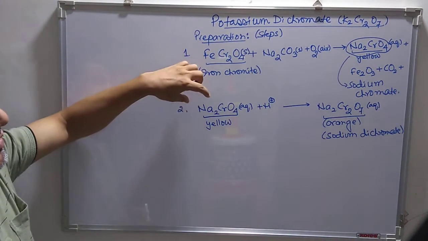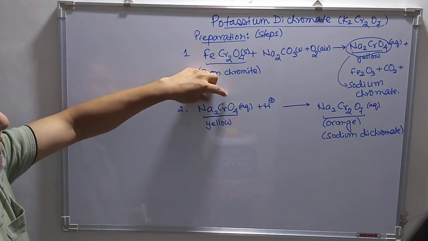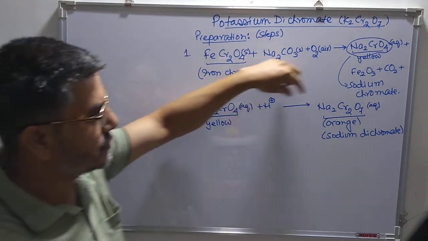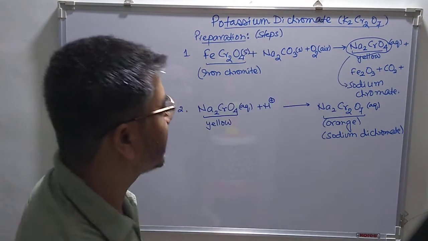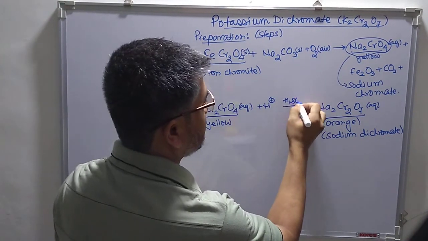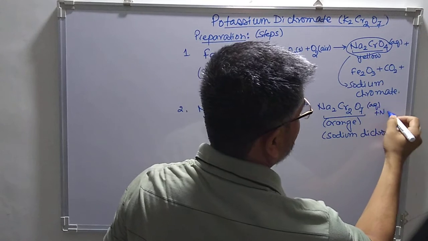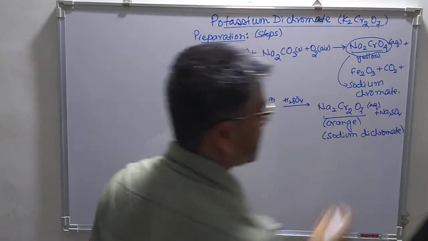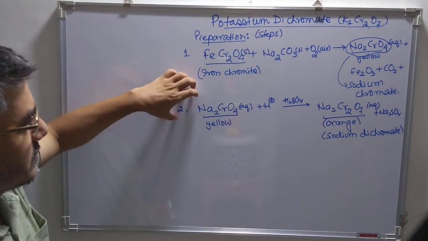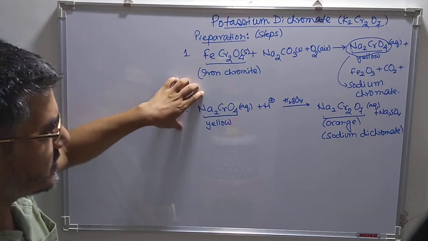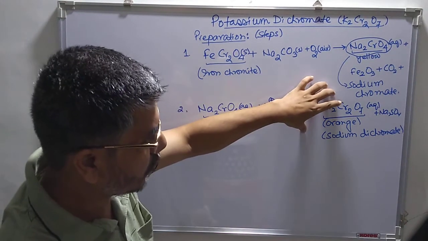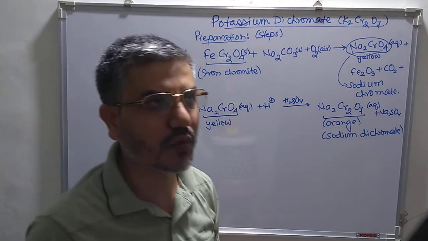So acidification of yellow color solution containing sodium chromate with sulfuric acid gives you sodium dichromate, and this will give you sodium sulfate aqueous solution. So yellow color sodium chromate is converted into orange color sodium dichromate.